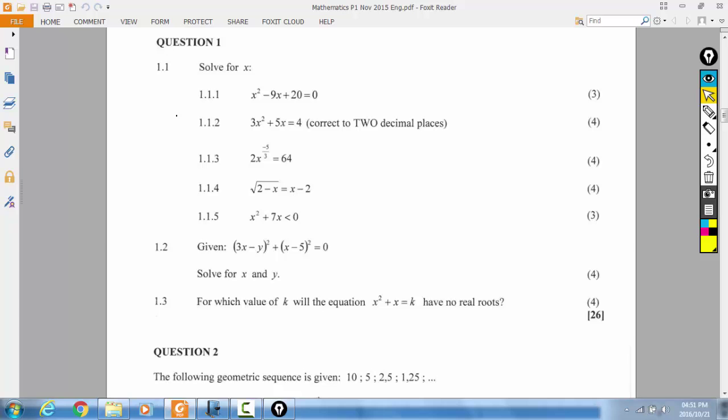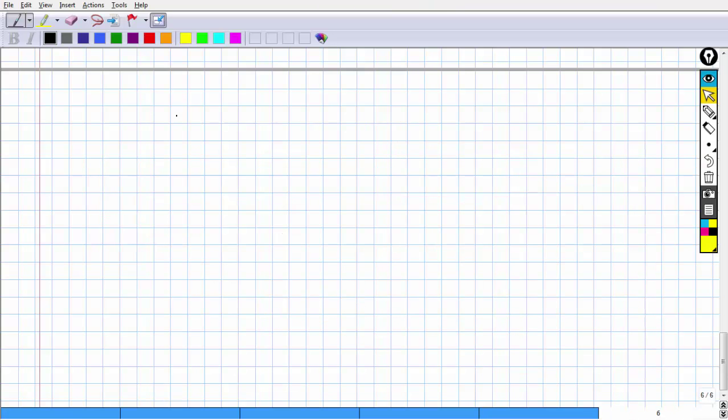Now, this one's a little bit different to a normal simultaneous equation, in the sense that they haven't given us 2 completely independent equations. So we have to just think a bit. Let me just write this down. We get (3x minus y) squared plus (x minus 5) squared equals 0.